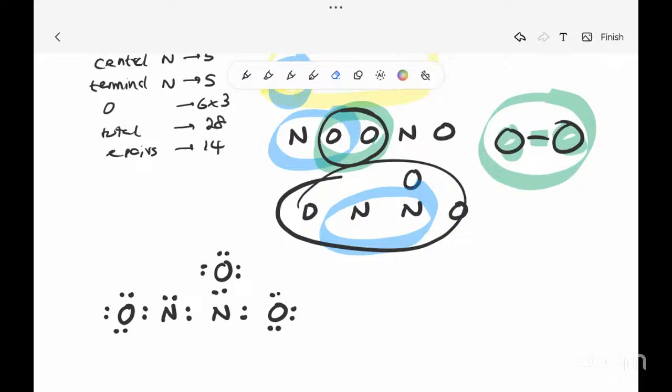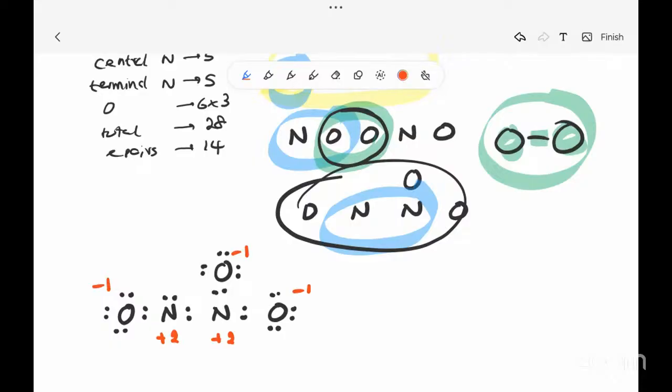Now the formal charges, right? Here it is -1, here it is -1, here it is -1. Each nitrogen has +2, right? Now, keeping in mind that nitrogen can only have 8 electrons, let's try to minimize the formal charges.